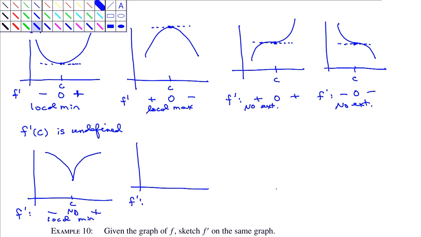What if we have positive, then undefined, and then negative? Well, that's the upside down version of the cusp, and that results in a local maximum at that point, because we have increasing followed by decreasing.